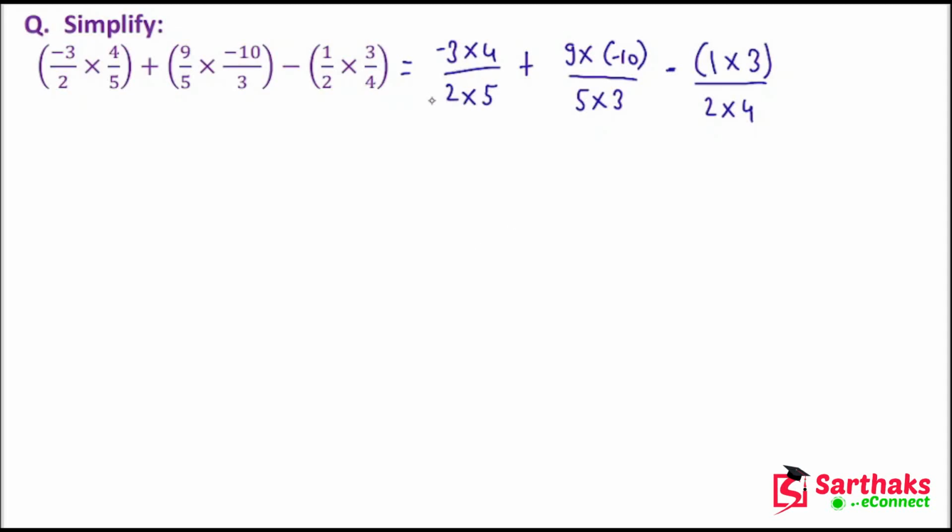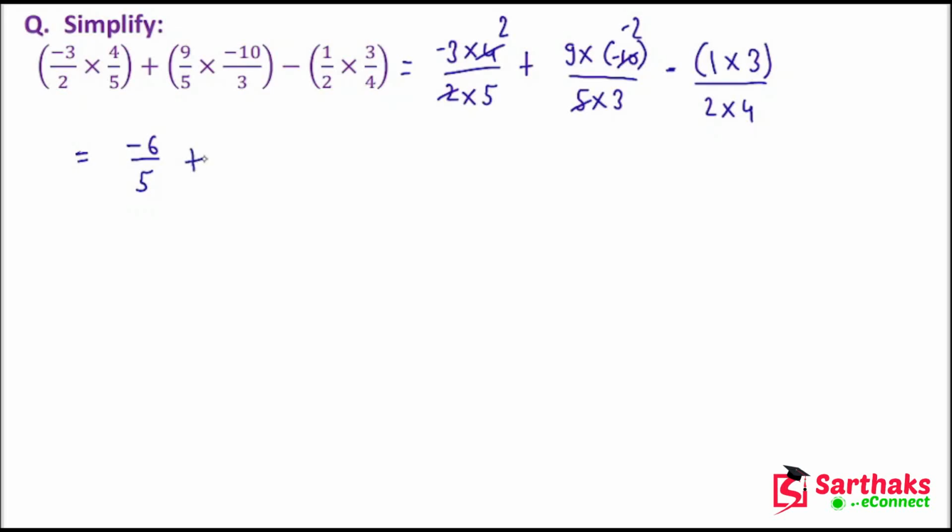Now you can see for some common factors, you can cancel. Okay, so you can cancel out 4 by 2 times. So here you will get minus 3 into 2 equals to minus 6 whole upon 5. You can cancel minus 10 by 5, you will get minus 2.